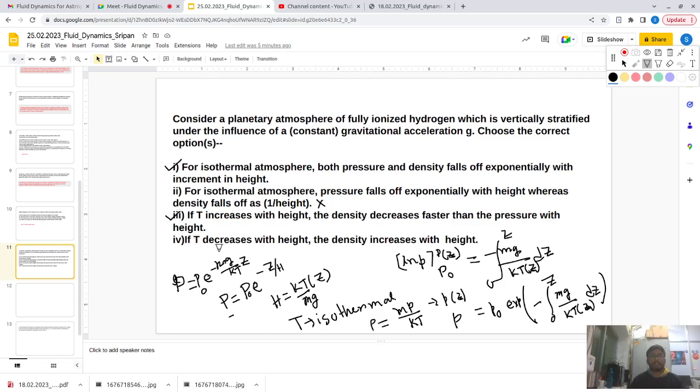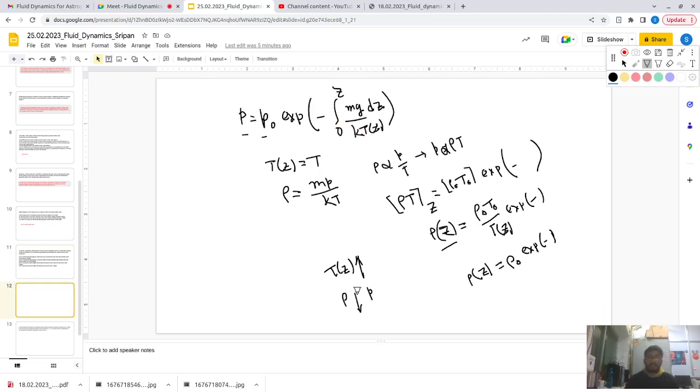Now it's telling that if T decreases with height, the density increases with height. Is it true? So now the T is decreasing. Let's say now you forgot about the pressure, you have only the temperature term. So now you have this rho z equal to this term, right? You have contributions from two things. One is this exponential.